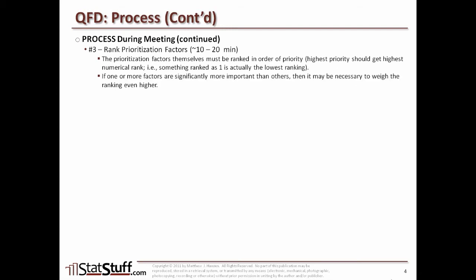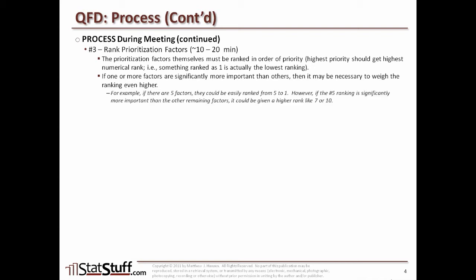Now, if one or more of your factors are significantly more important than others, then it may be necessary to weigh the ranking to account for that greater level of significance. In other words, let's say you have 5 factors that you're trying to evaluate. Well, you could rank them from 5 to 1 in the example I gave earlier.